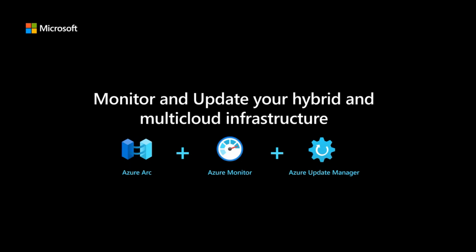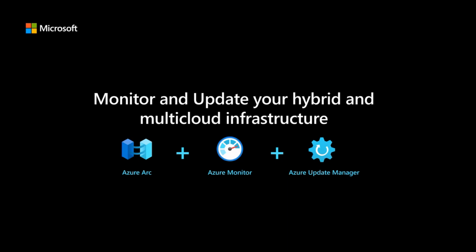The areas that we touched briefly on last time, we're trying to extend some of the capabilities and the landscape that you can view by Arc enabling all of your machines. It's not just for ESU delivery. There are other benefits to Arc enabling your machine, such as being able to monitor and update your hybrid and multi-cloud infrastructure regardless of where it's located.